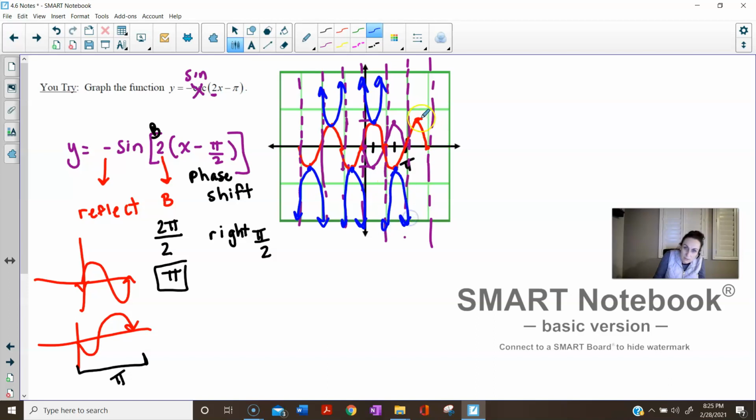Flip them, and I've done a whole bunch of periods. All right, and then this is what your graph looks like, and you could highlight those blues, and that's your solution.